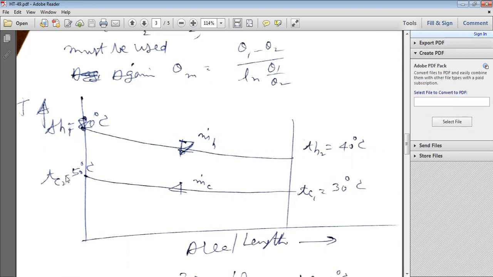Here theta 1 is TH1 minus TC2, and theta 2 is TH2 minus TC1. So theta 1 is 80 minus 50, that is 30.